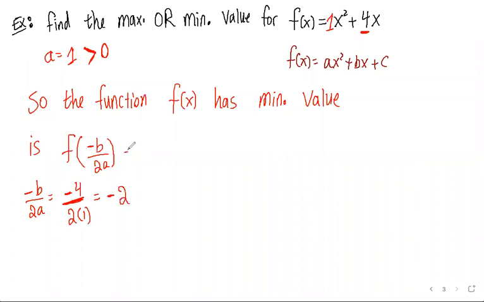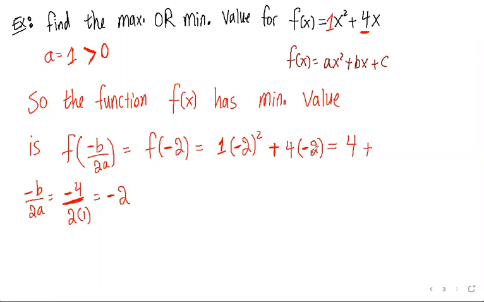So now it is equal to f of minus 2. Now we have to plug the minus 2 inside the function. When you plug the minus 2 inside this function, I get 1 times minus 2 squared plus 4 times minus 2. 1 times minus 2 squared is 4, so 1 times 4 is 4, plus 4 times minus 2 is minus 8.